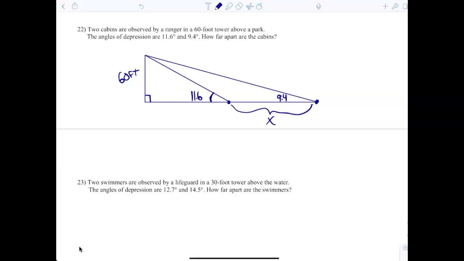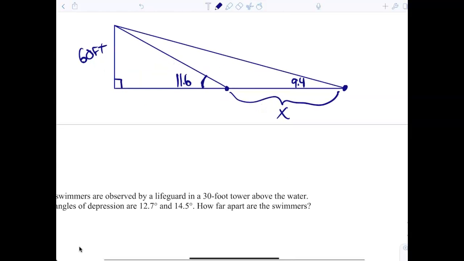Now, here's what I'd like for you to think about. Please look up, because there's lots of ways to do this. So I'm going to give you my opinion. When I'm doing these types of problems, I try to find all the angles possible. So here we go. This angle right here is 11.6.